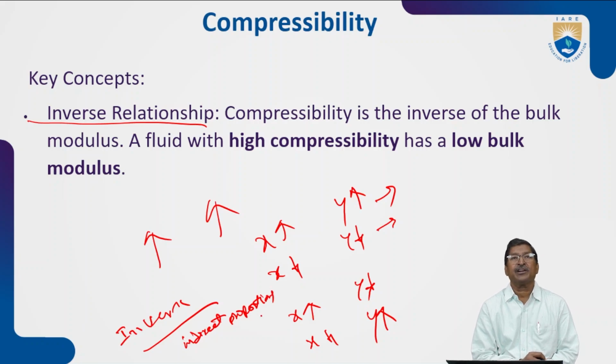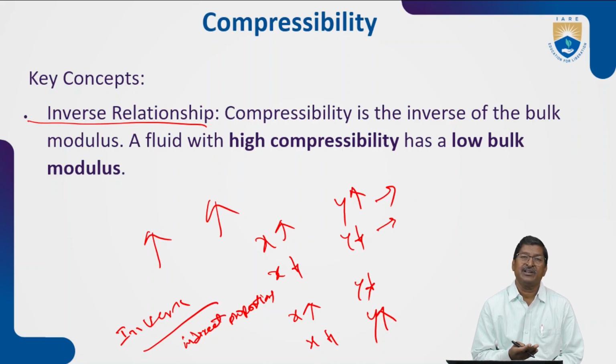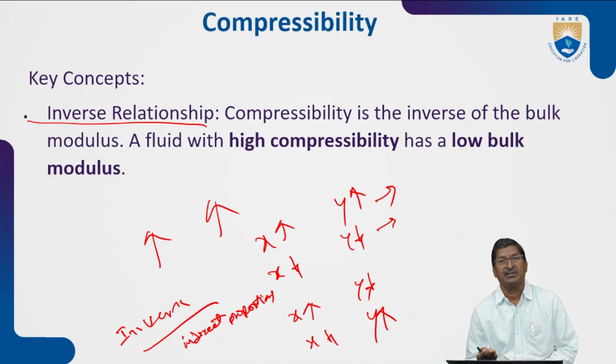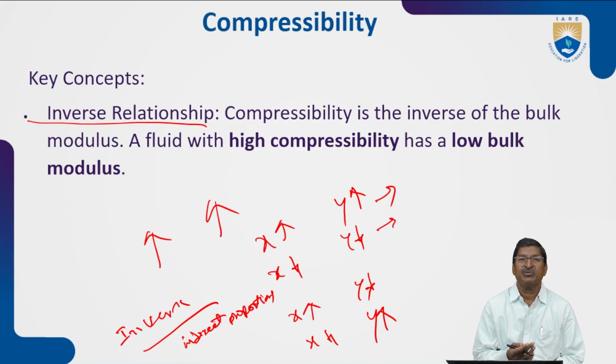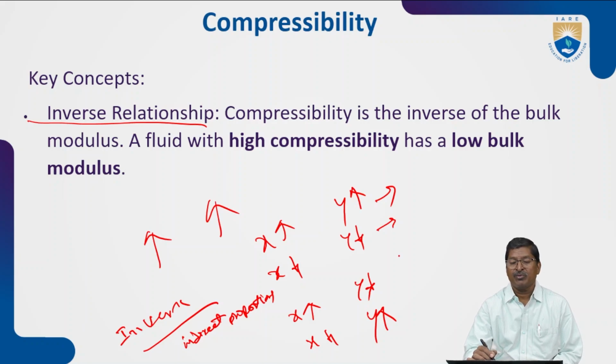So directly proportional means if something is rising, the other also rises; if something is falling, the other also falls. An example: if the mother is crying, the baby will also cry. If the mother is laughing, the baby will also laugh. That is directly proportional.